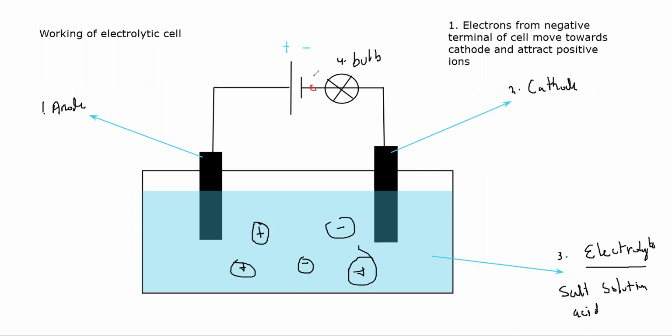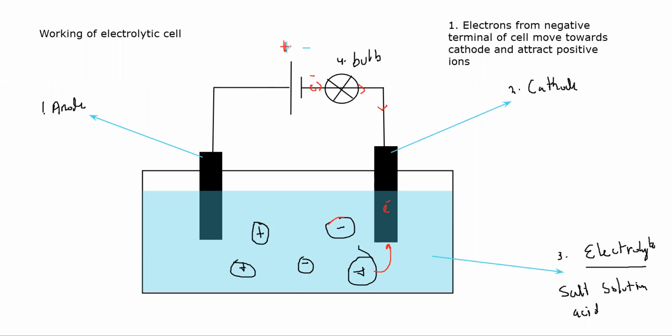As these electrons are coming out, and electrons are negative, which charge will they attract? Positive. So they will attract the positive charges. So positive charges are attracted towards the cathode.